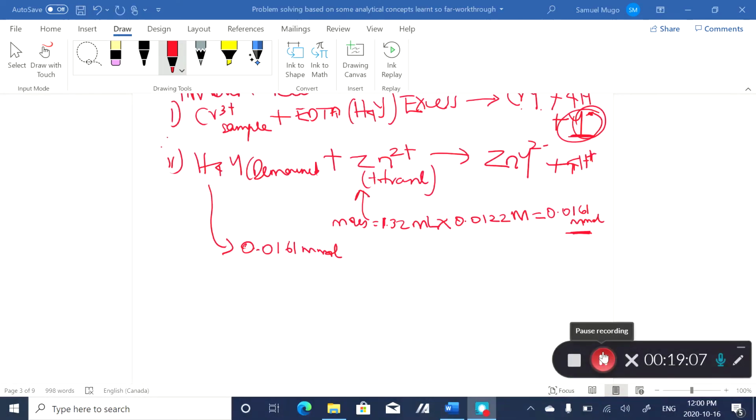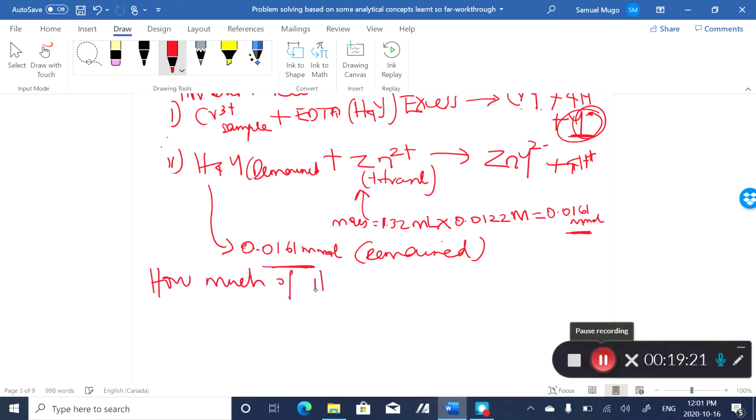So the question then is, how much of the EDTA actually reacted, because this is what remained?